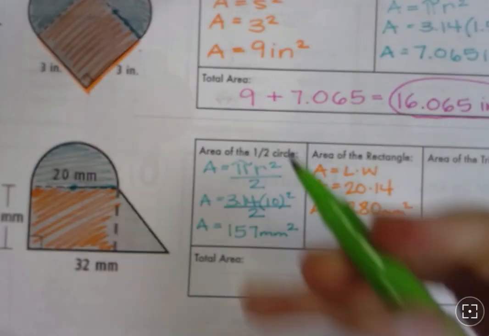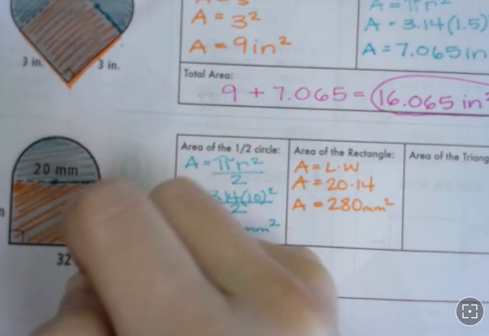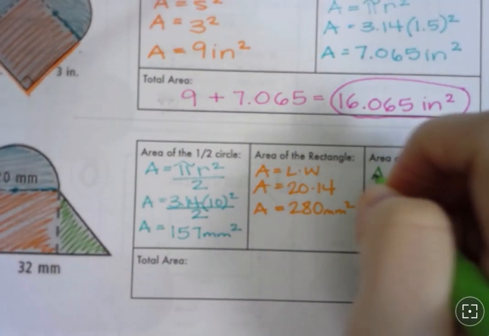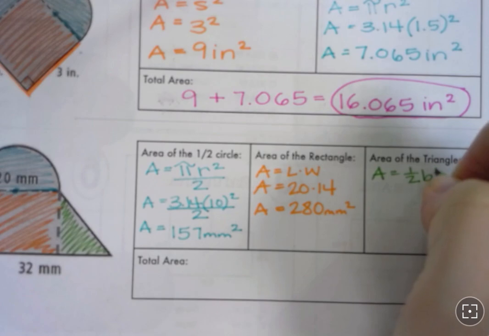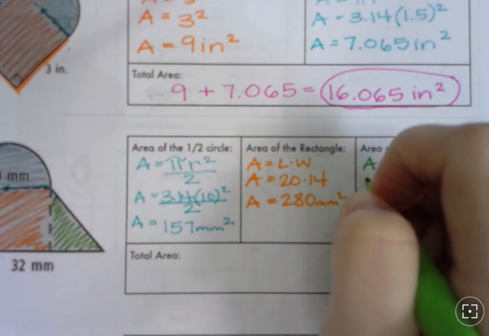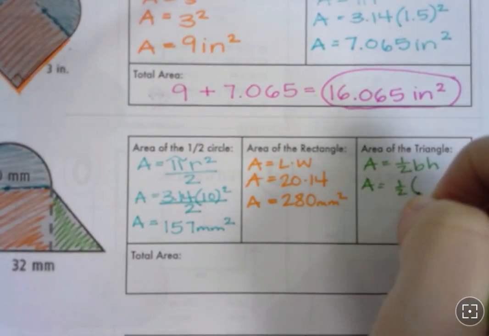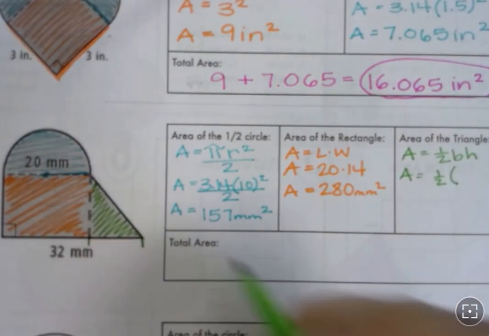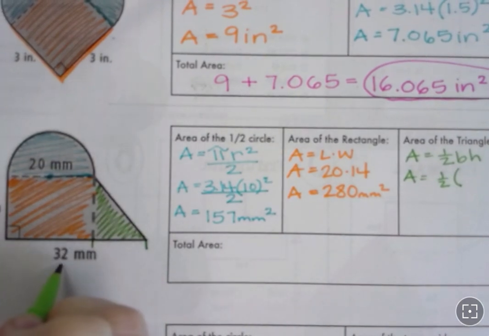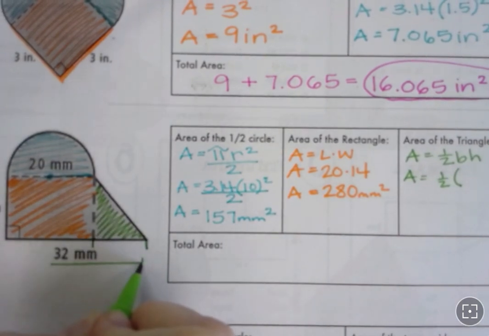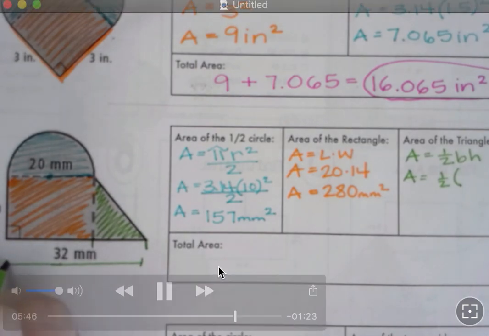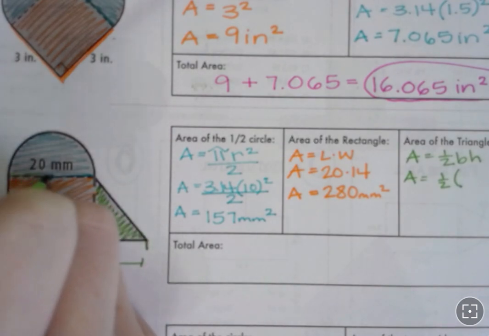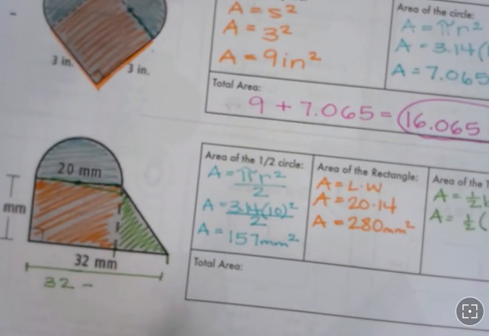Now, lastly, I have the area of the triangle. I know my formula is area equals 1/2 base times height. Well, area equals 1/2 my base. Well, what is my base? I don't know what that is, right? But what can I do? I can take the 32, which is the length all the way across, and subtract that 20.